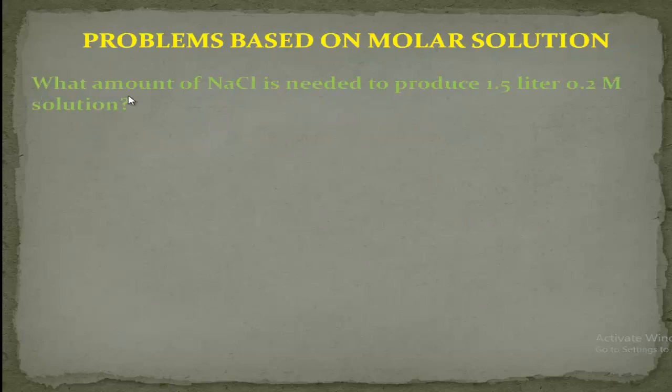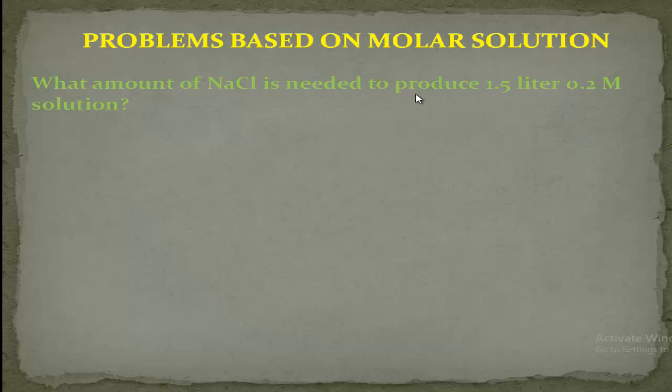Follow here. What amount of sodium chloride is needed to produce 1.5 liter of 0.2 molar solution? I have said previously, when you are given problems, at first you have to think about what is given and what we have to determine.